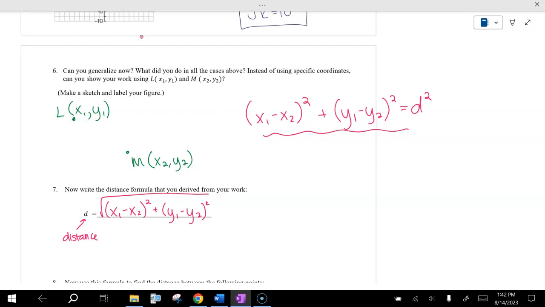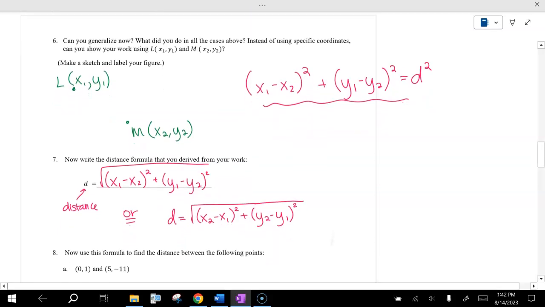Now, some of you may have said x2 minus x1 and y2 minus y1 instead. That's equally correct. My thinking question for you all would be, why is that still the same thing? You could do it either way, but why would you still get the same distance?